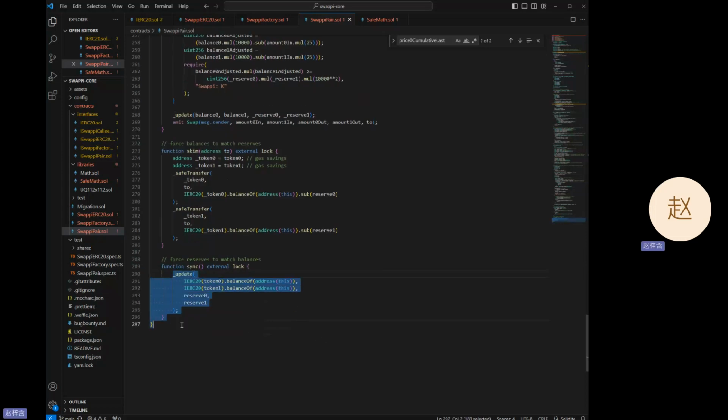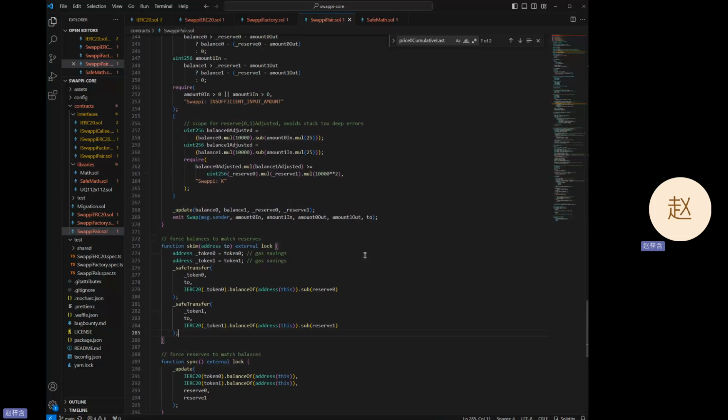Also, we can do sync to force the reserves to match the balances. So either way is okay and is very healthy to keep the Swappi pair running normally. So that's for the Swappi core. And next we will talk about the Swappi router.